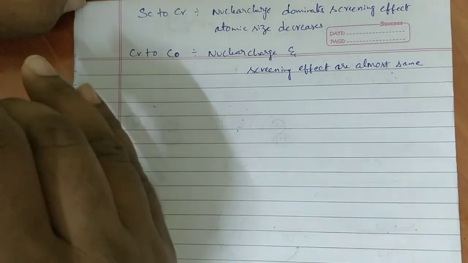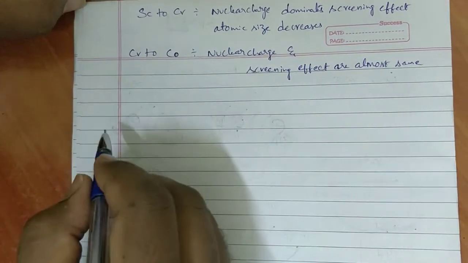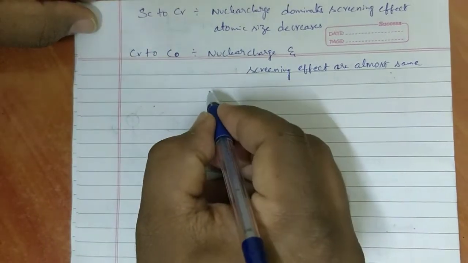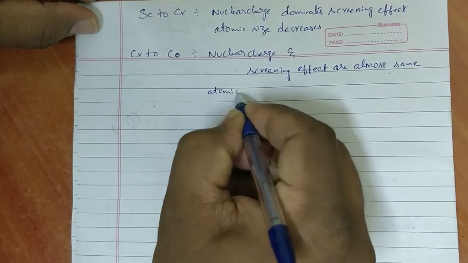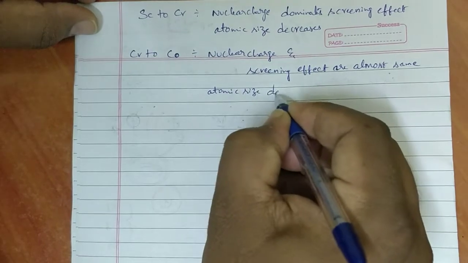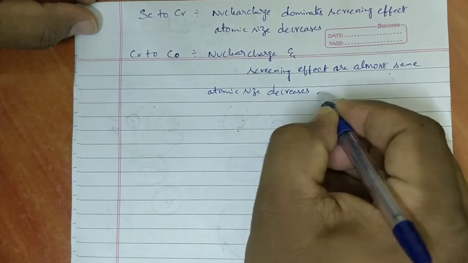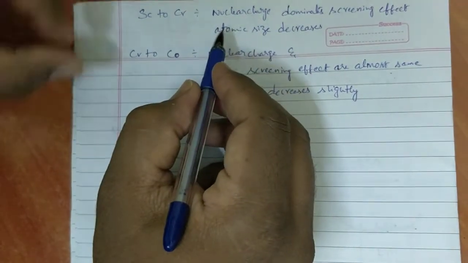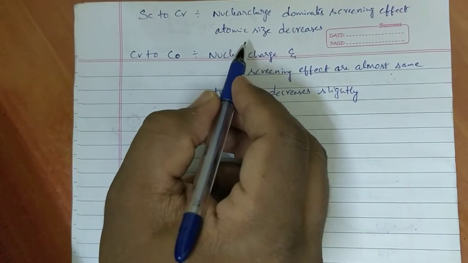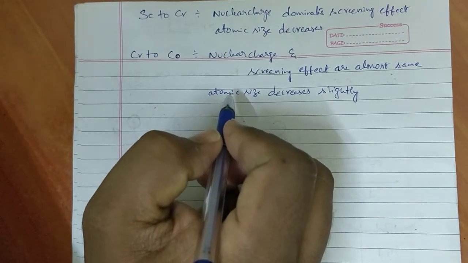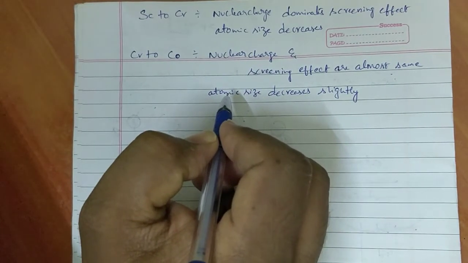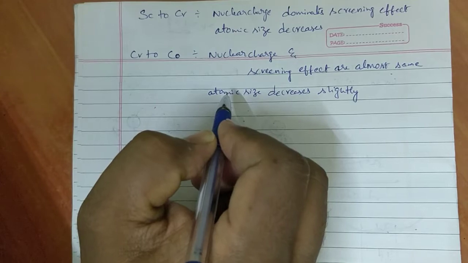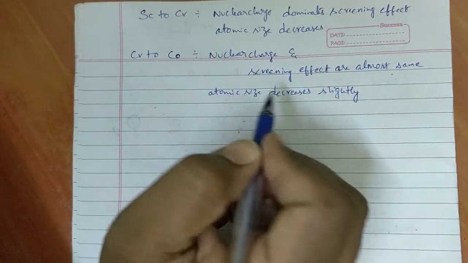Because of that, they contain almost the same sizes. So atomic size decreases slightly, a very slight decrease. Previously it was 10 to 7, 7 to 4, but now it is 5 to 4, 4 to 3, a very slight decrease.